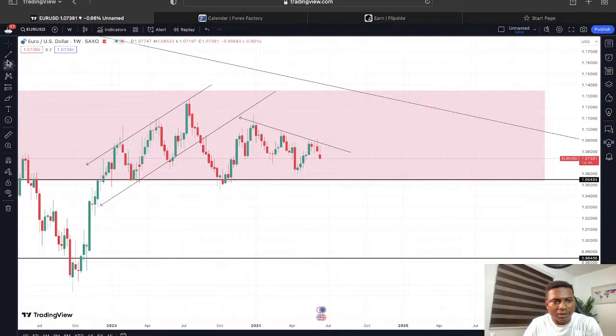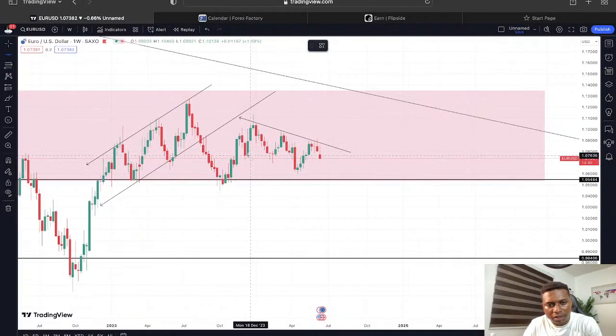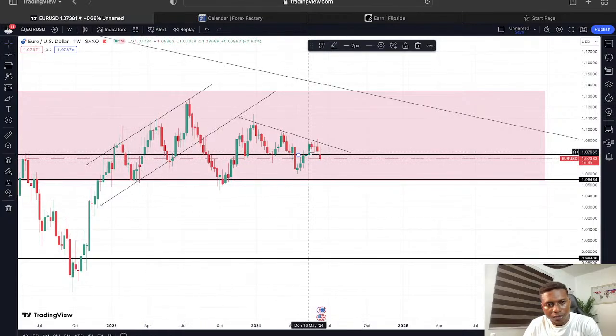So here we can now see that there is a minor support and resistance. There was a minor support level at this region, of which we are seeing price breaking through now.